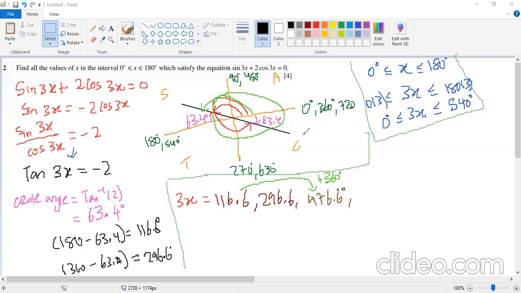Okay, 476.6 degrees. Then the next one would be, changing the color to contrast a little, where would that be? It goes one round in full and then comes back to this part. The 450 we are at is above the 360.